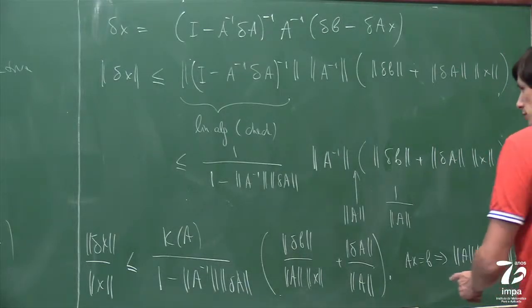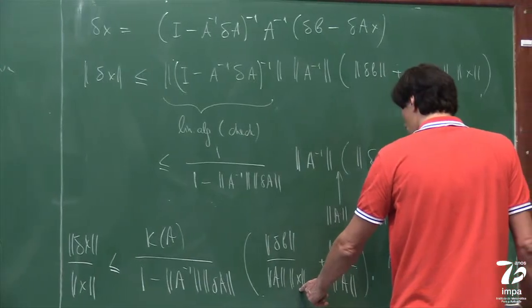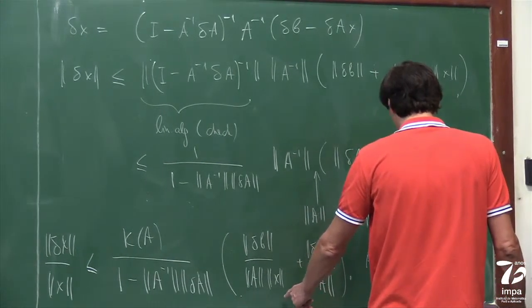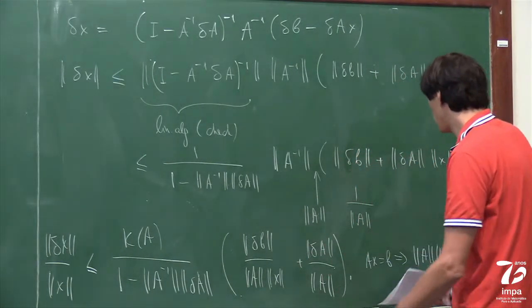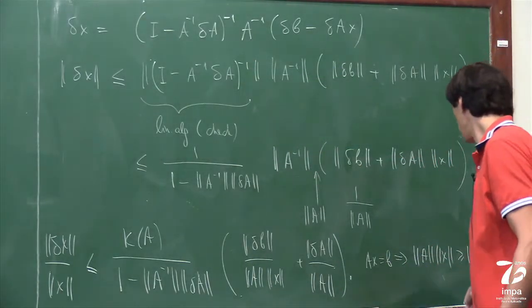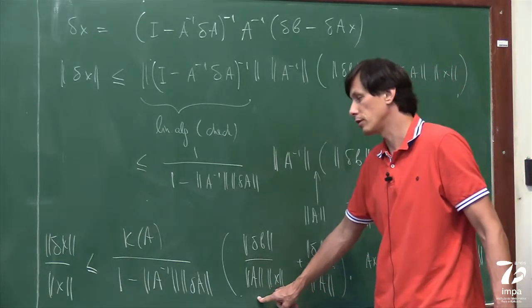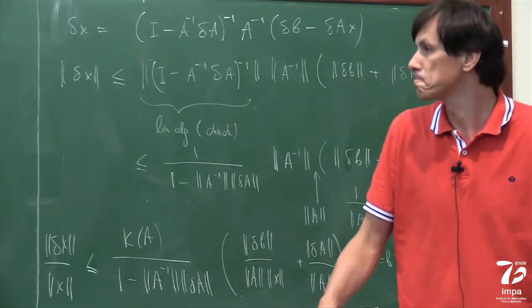And this is in the denominator. So this is bigger, then it's smaller, so putting them together, you get exactly what you had in the theorem. So put this into here, and then you get the result.